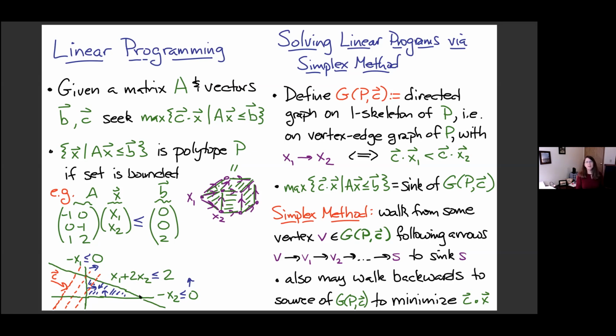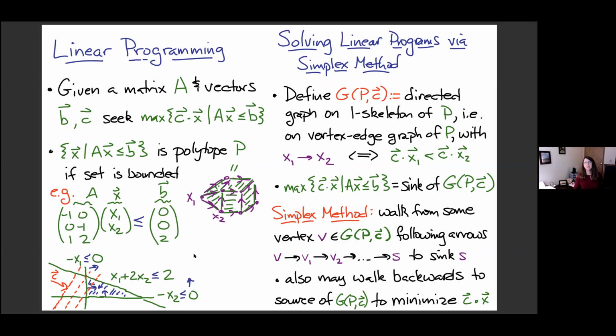We could put a directed graph structure on it by saying that for every edge, you put an arrow in the direction that the cost increases, where the dot product with the cost vector gets bigger. Since this has smaller cost than this, the arrow on that edge would point downward, and so on. So you get this directed graph.